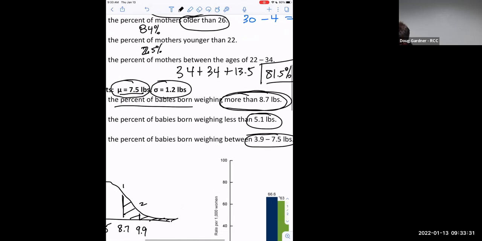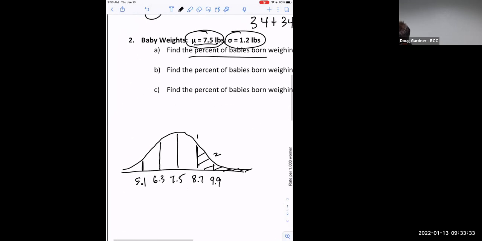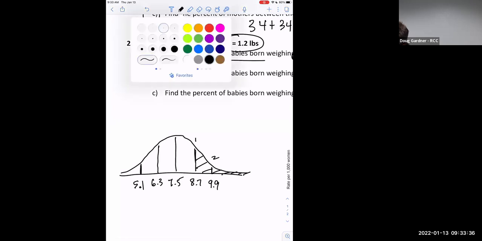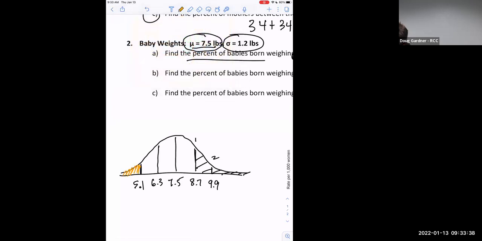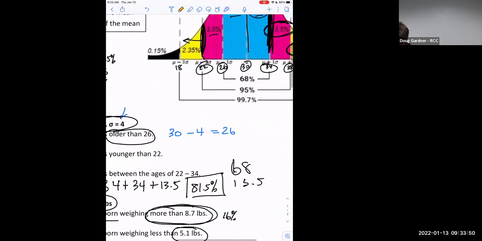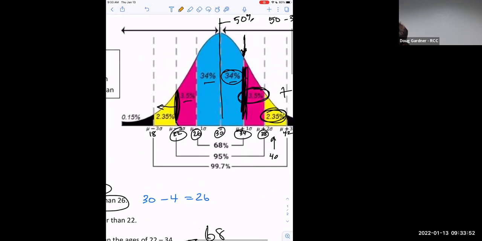What about weighing less than 5.1? Well, that would be this. And remember, that goes forever. This is minus 1 standard deviation, minus 2. So what percent is below minus 2? That's right here. Notice it says minus 2 right there.